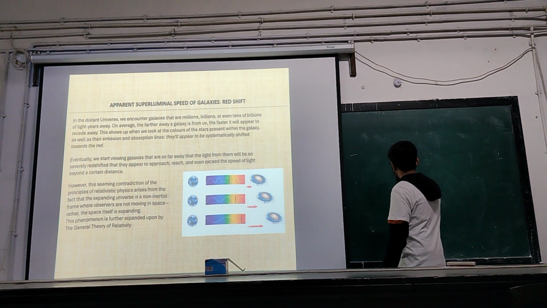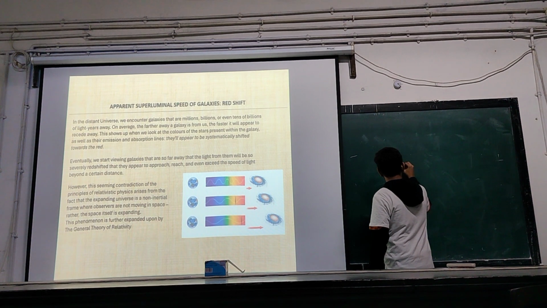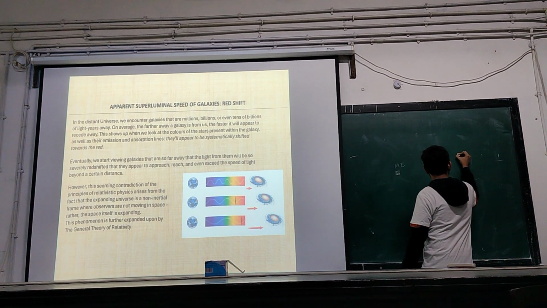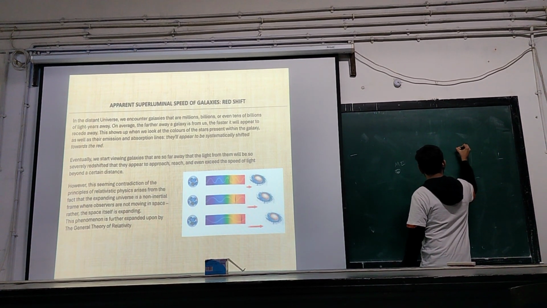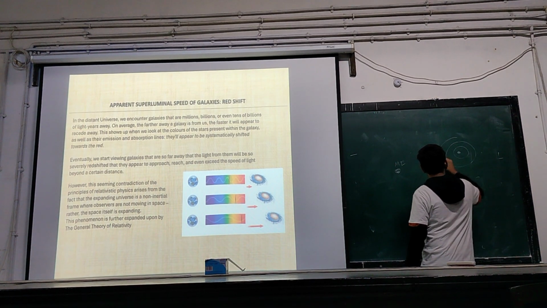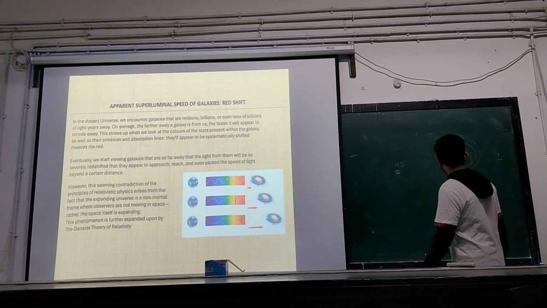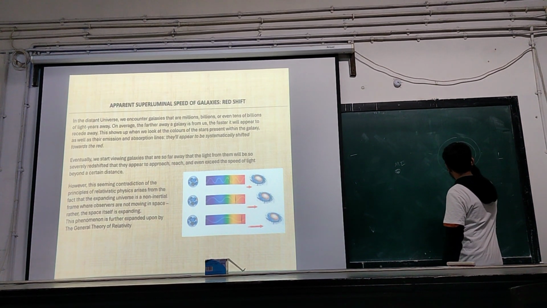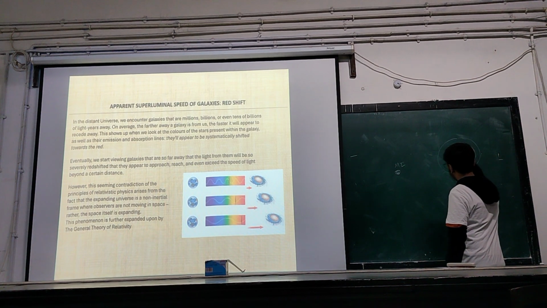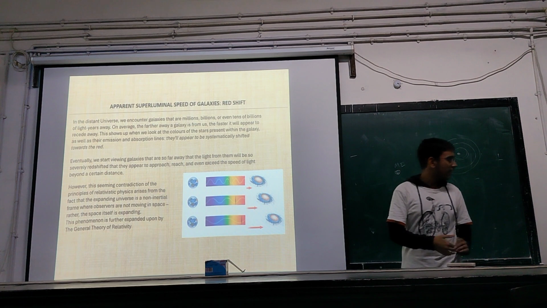Let's say this is me, and this is the particle which is emitting radiation. For the sake of this argument, say the particle is at rest. Then it emits radiation of uniform wavelength in all directions.